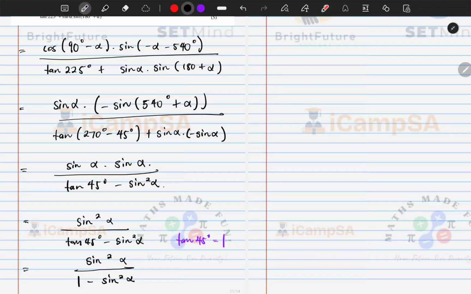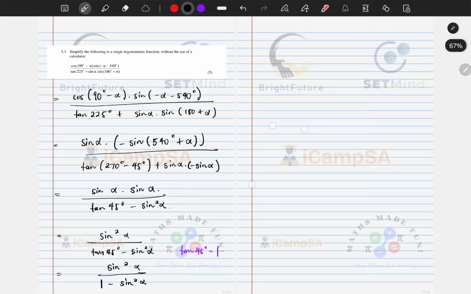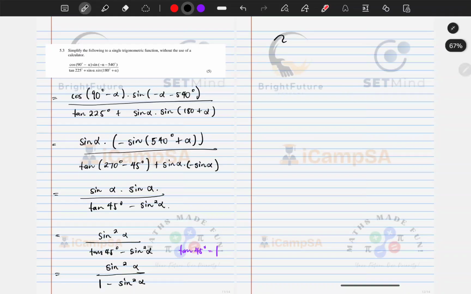Right, so now remember, what do I know? I know that cos squared alpha plus sine squared alpha is equal to 1. And in this case, I have 1 minus sine squared alpha, which is going to be equal to cos squared alpha.